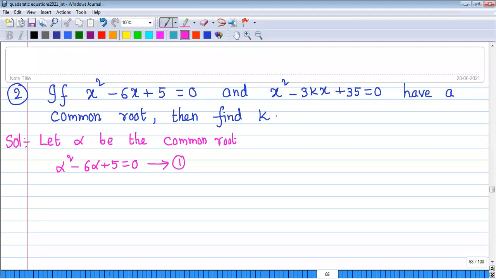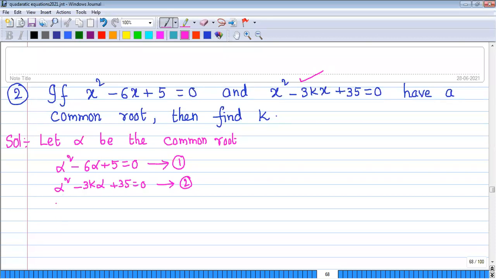Alpha satisfies the second equation also, so we get alpha square minus 3k alpha plus 35 equals 0. So we have the condition; we can use it to eliminate alpha.